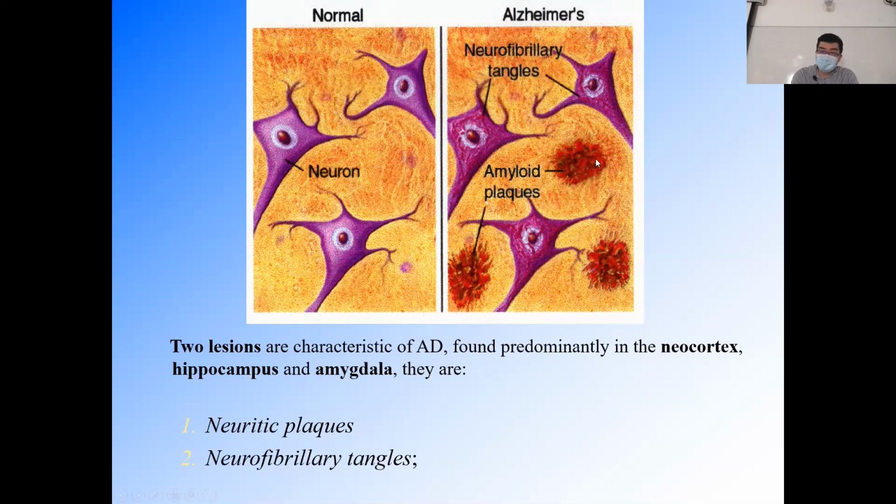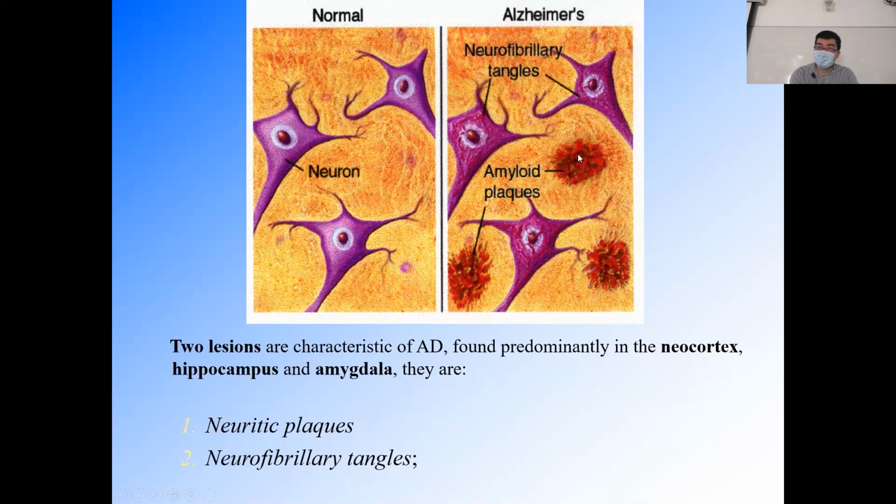Now there are two characteristics. One is the amyloid plaques. Those are stained by the silver stain, and there are plaques, really tiny, in the tissue. Another one is neurofibrillary tangles, which are inside the neurons. Okay. So those plaques are there, and the neurites will also be affected.